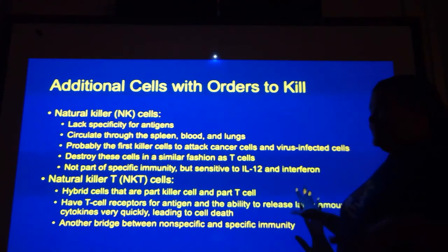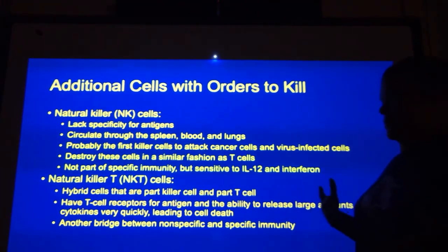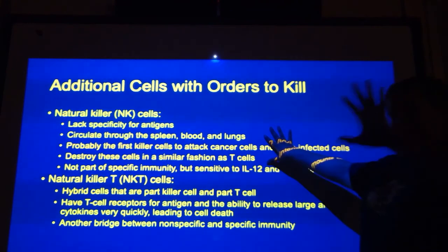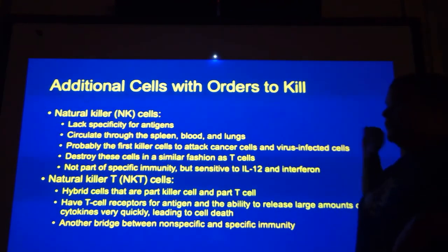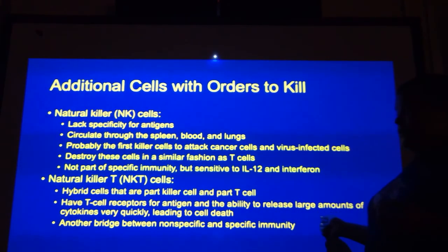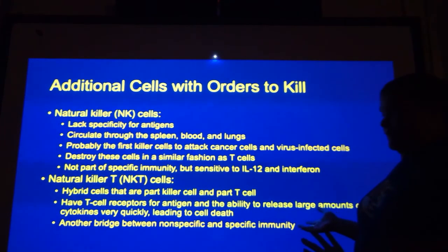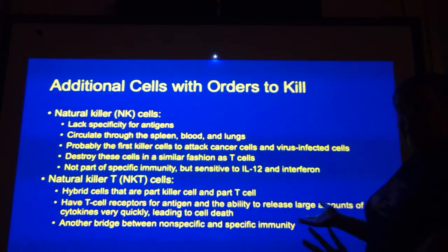Natural killer T cells, they're hybrids. They're part killer cell and they're part T cell. They do have our T cell receptors for an antigen and the ability to release large amounts of cytokines very, very quickly that can lead to cell death. So they do have the ability to release granzymes and perforins a lot and very fast.